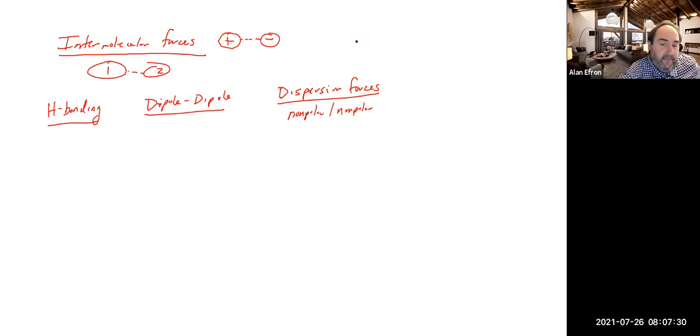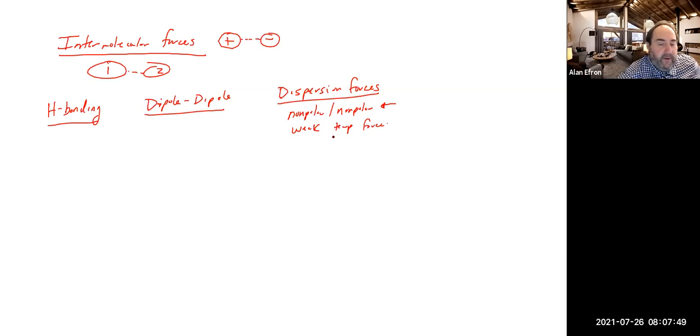In reality, everybody could use some type of dispersion forces, but this is the main force there. These are weak temporary forces.